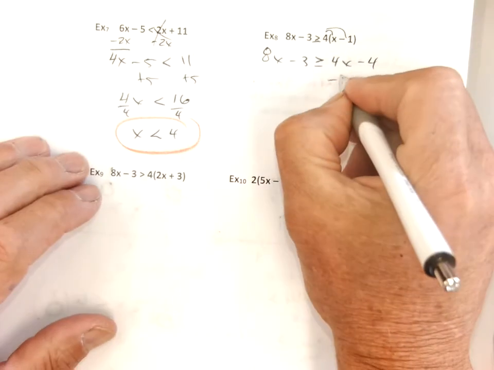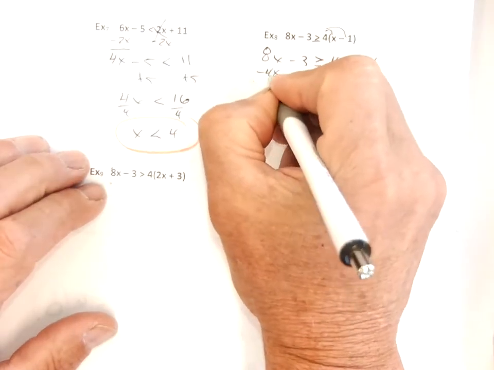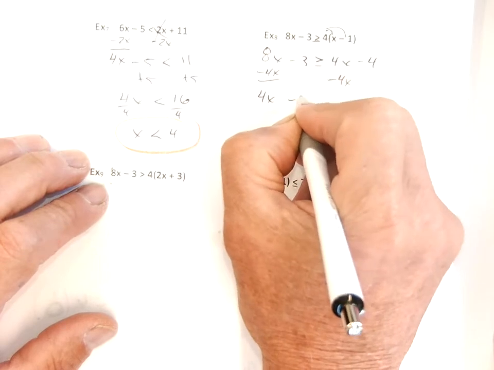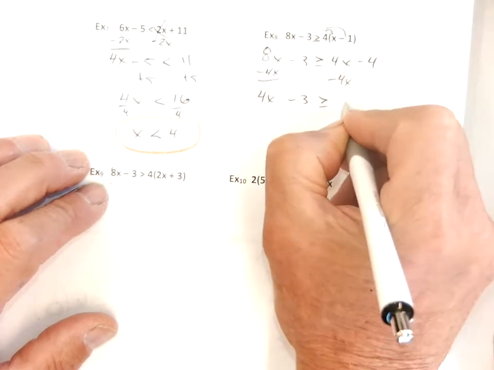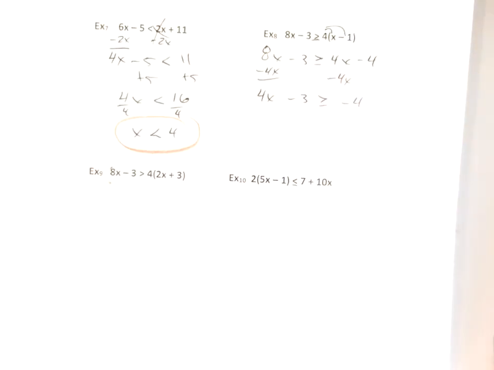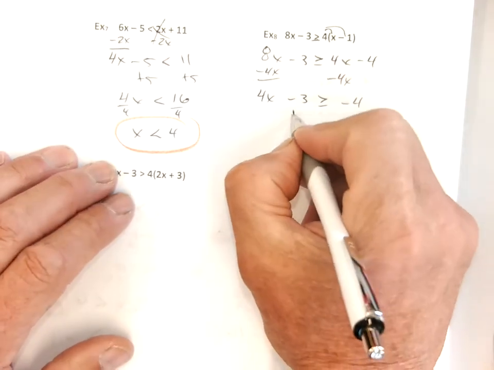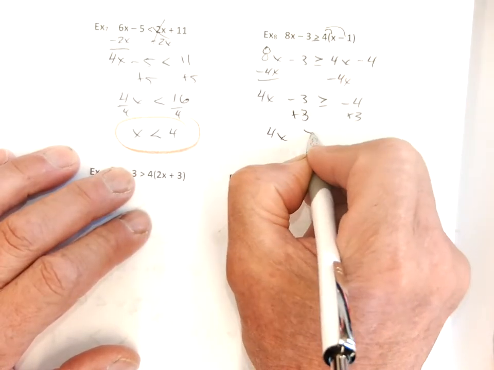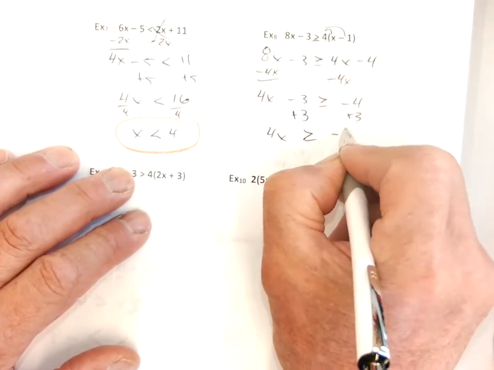Yep, let's go minus 4x minus 4x. So we get a positive 4x minus 3 greater than or equal to negative 4. Plus 3, yep, plus 3, 4x is greater than or equal to negative 1.